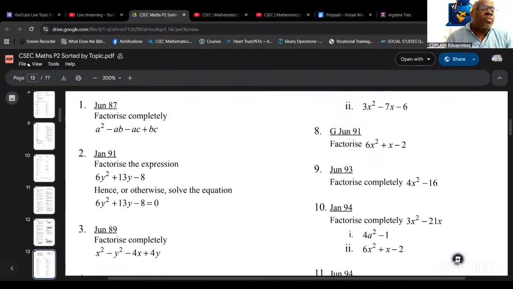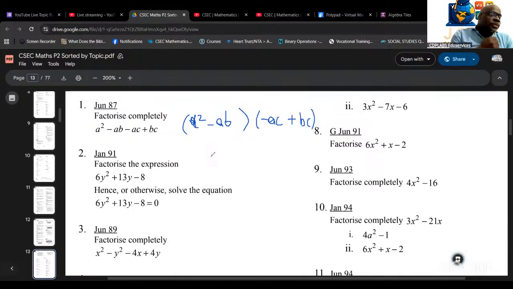So I'm going to put A square group with AB. And AB really means A times B. Remember that, right? Then I'm going to group now minus AC, and I'm not talking about a condition now, plus BC.